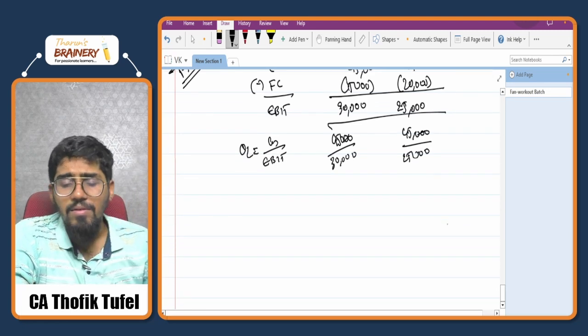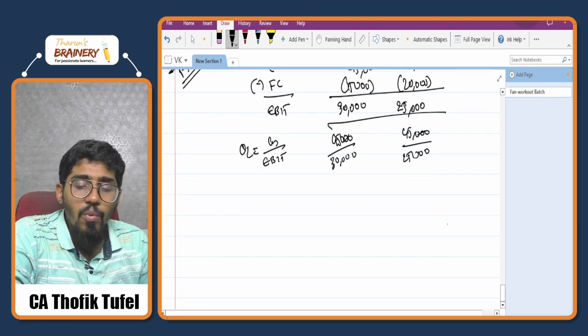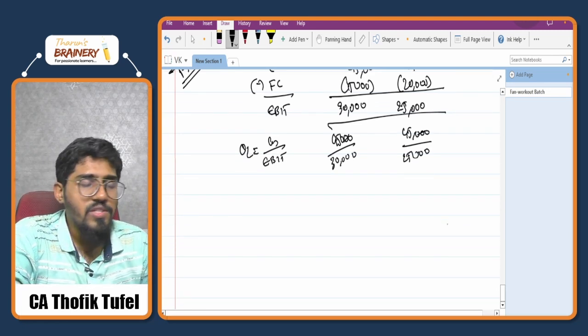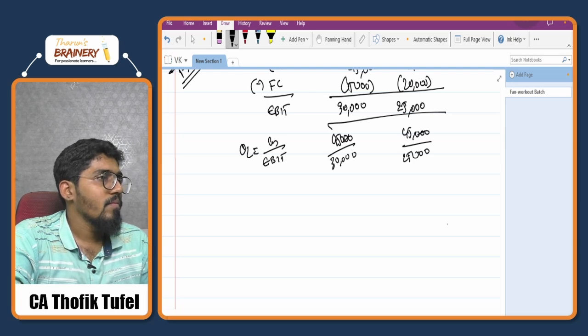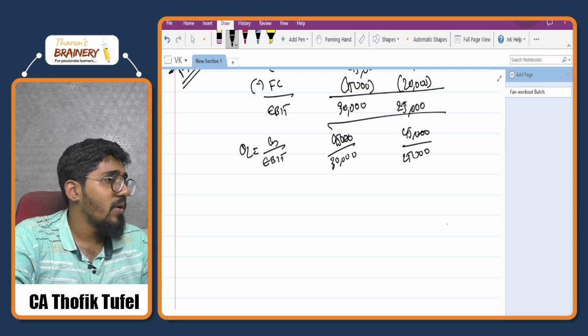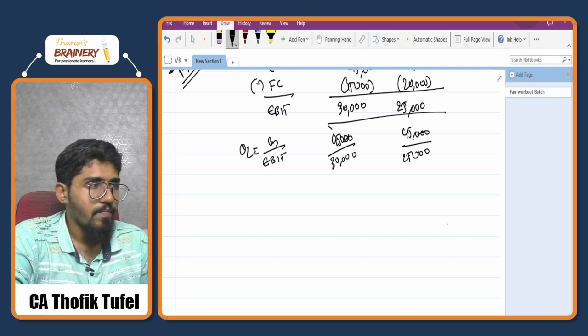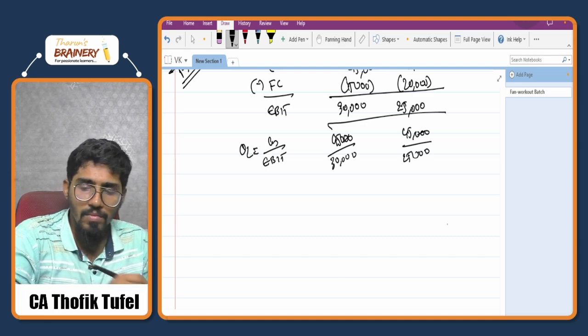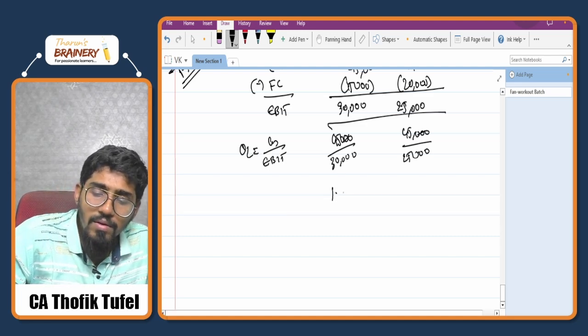Now everyone calculate and tell me what is the operating leverage for situation 1. 45,000 divided by 30,000. What is the number? 1.5.